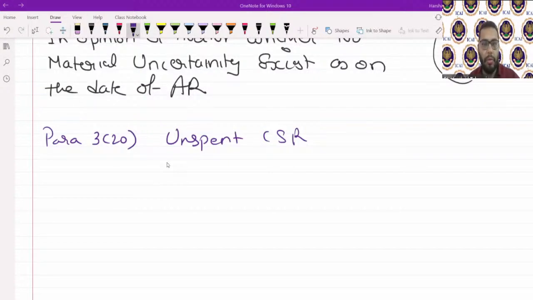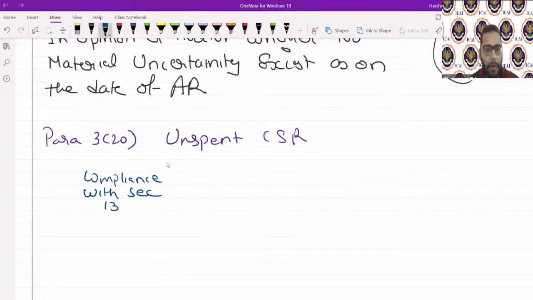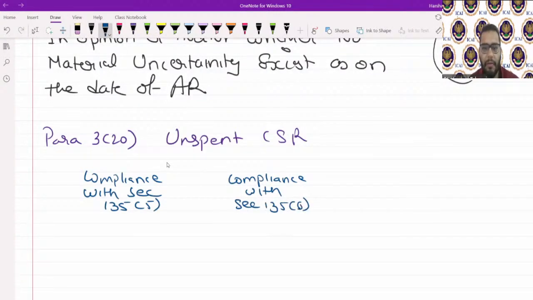Okay, so compliance with section 135(5), and second is compliance with section 135(6).